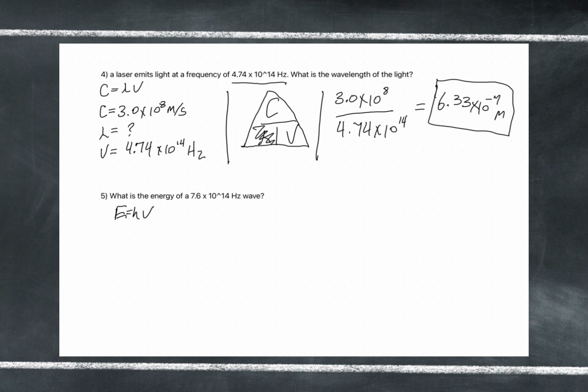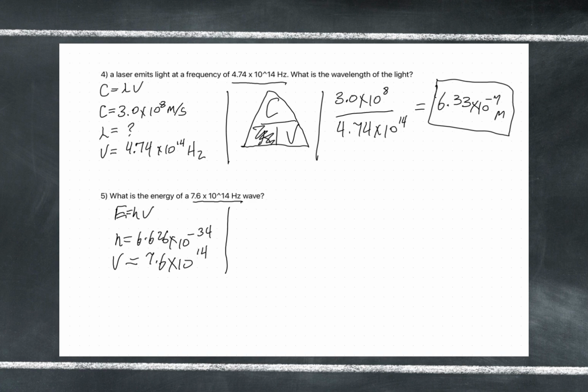Okay, we know h is Planck's constant, which is 6.626 times 10 to the negative 34. We know the frequency is 7.6 times 10 to the 14th hertz. So v equals 7.6 times 10 to the 14th. Okay, we're trying to find E, so there's no need to rearrange this equation.